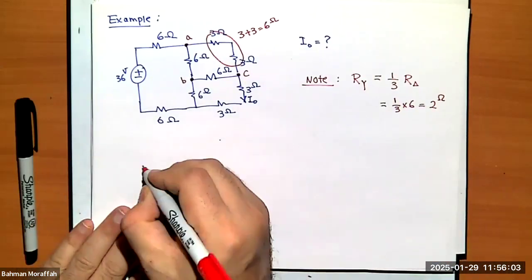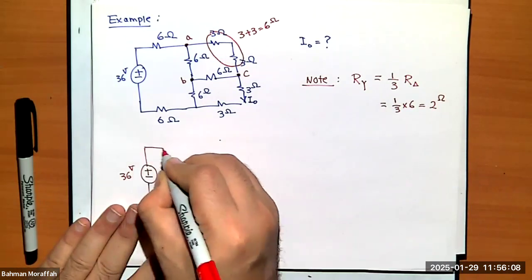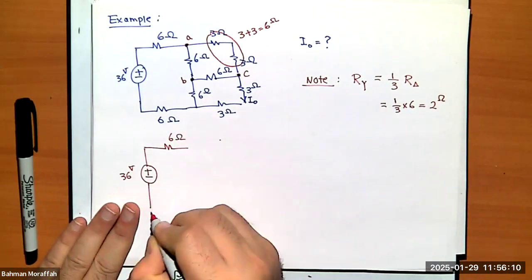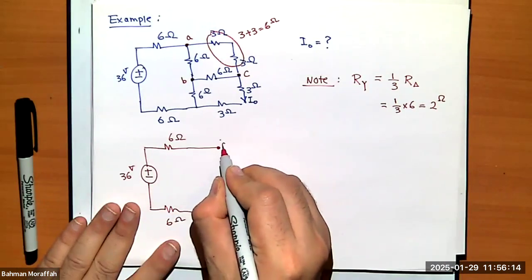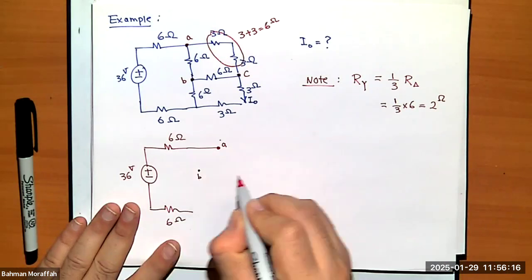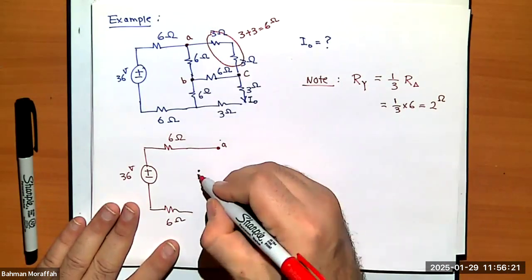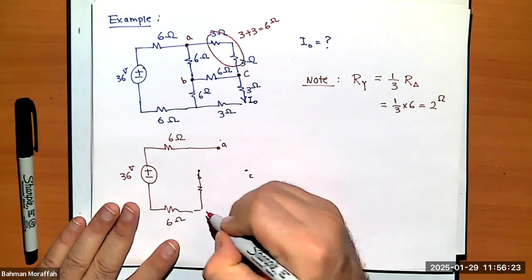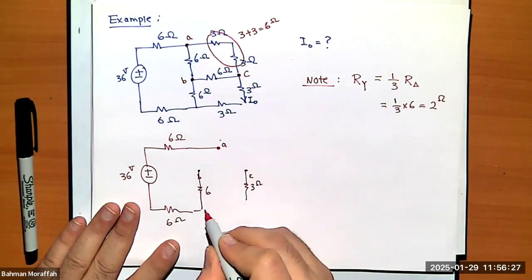So over here, this part of the circuit remains unchanged. This is 36 volts. I have 6 ohms here, another 6 ohms here. This is A, this is B, this is C. Over here, it remains unchanged, so this is 6. Over here, it remains unchanged. This is 3.